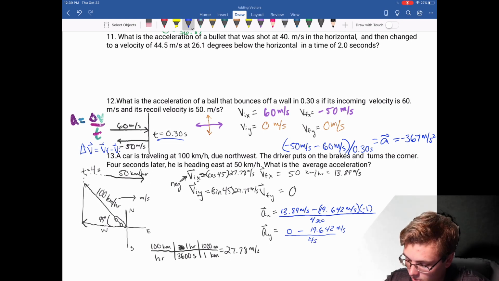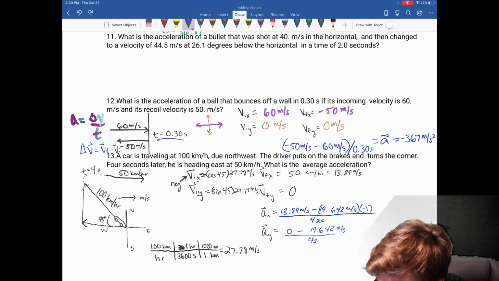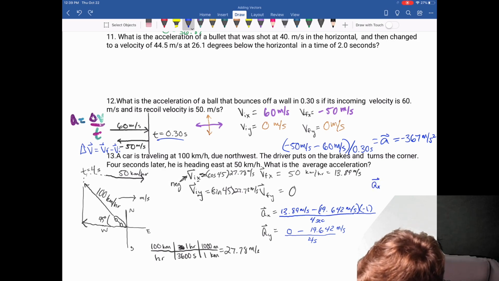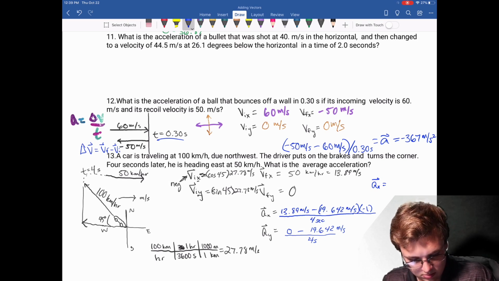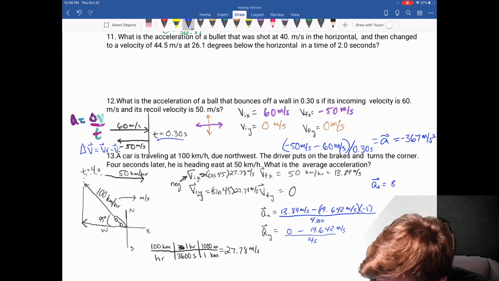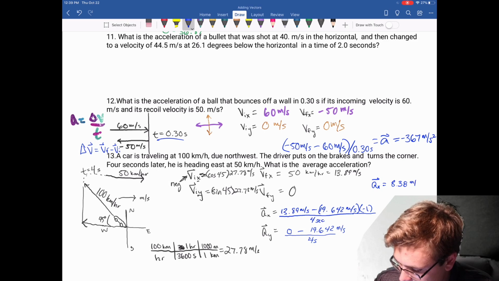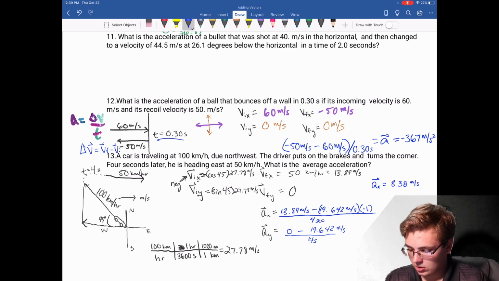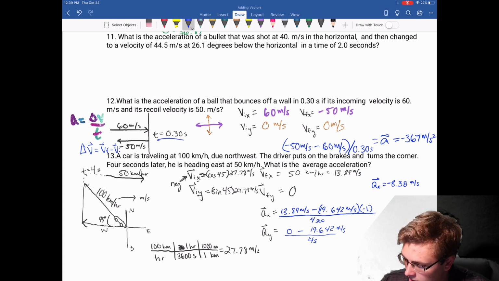Now what do we get for ay and ax? Our ax is going to equal 8.38 meters per second squared. By the way, it's negative still. Dropped my negative on accident.